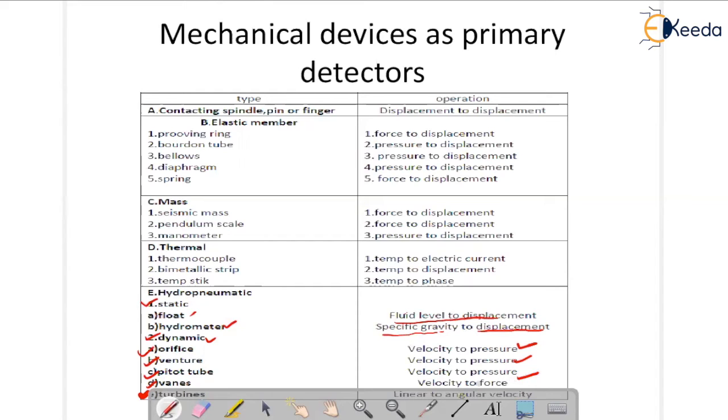Vanes have the operation of conversion from velocity to force, and turbines have linear to angular velocity conversions. So these are the mechanical devices as primary detectors. This is the type and this is the operation. Whatever we have seen are these types: contacting spindle, pin or finger, elastic member, mass, thermal, hydropneumatic, and their operations.